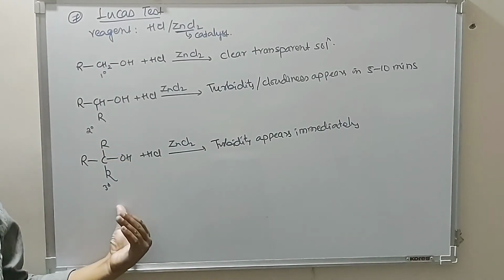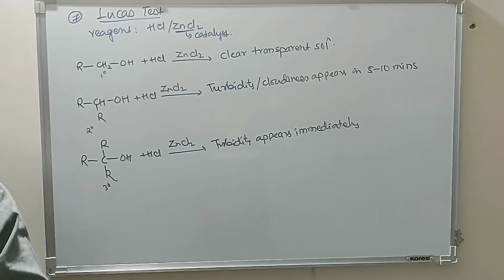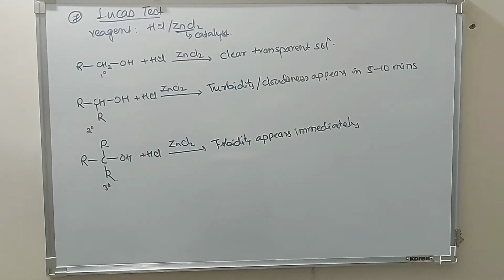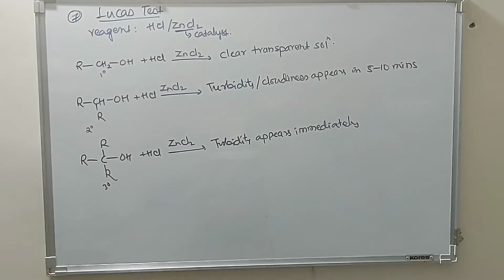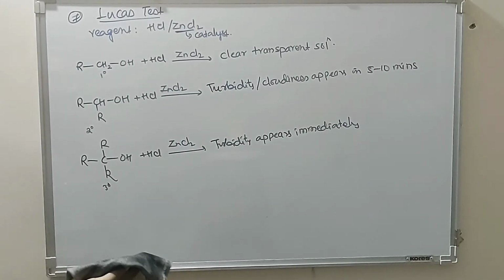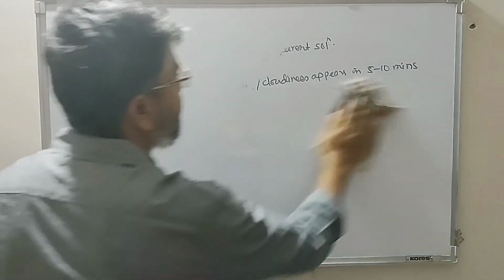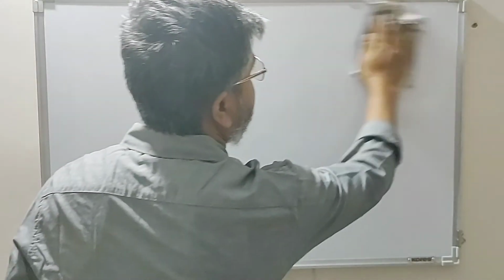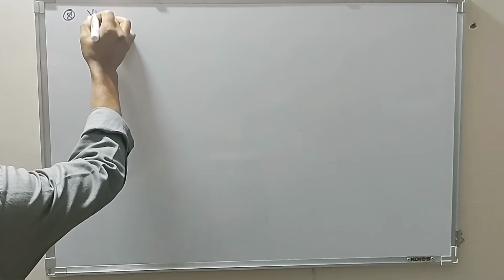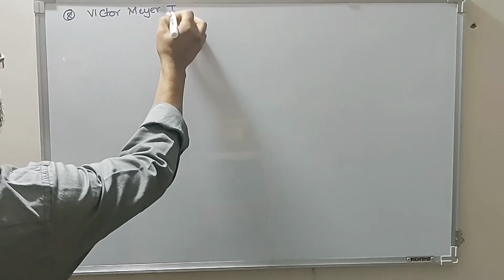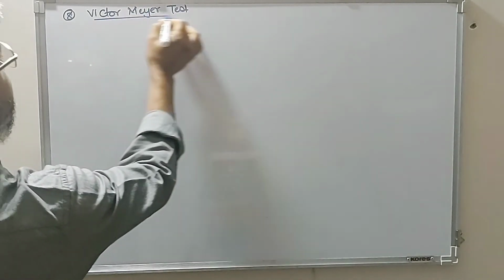This test that I am going to give is a combined test for alcohols, alkyl halides and nitroalkanes. So the test is known as Victor-Meyer test. So let me write this. Victor-Meyer test.